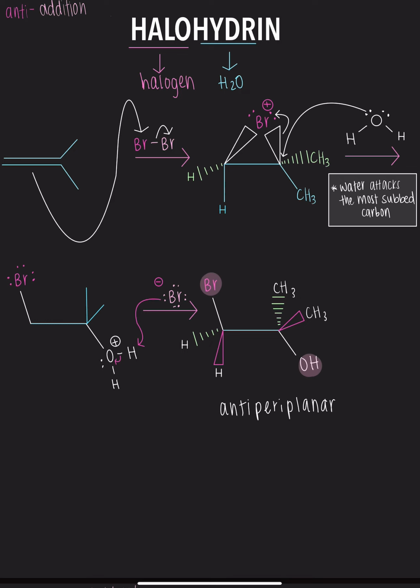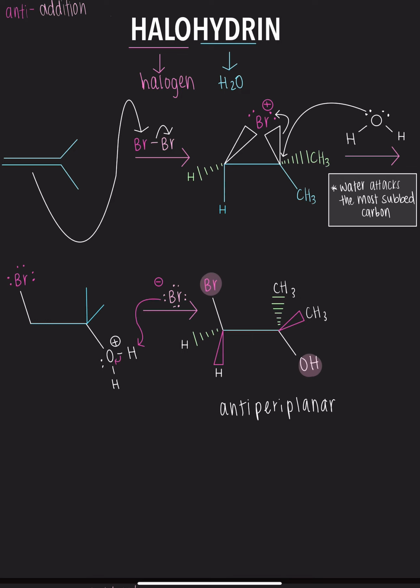And in some halohydrin reactions, you will have a pair of enantiomers formed. In this one, I don't, because again, the carbons that I have, they're not chiral carbons. I'll make another video on an example of a halohydrin going with a carbon that has chirality and that forms enantiomers.